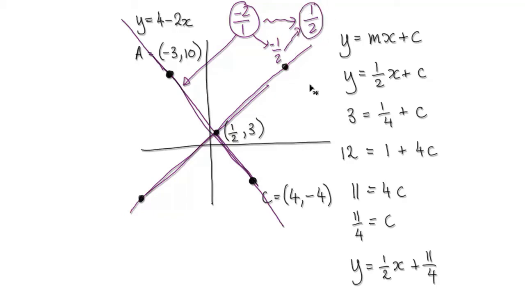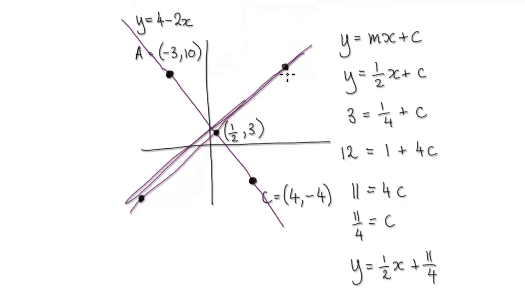So the point is that the gradient of this line is actually positive a half. Okay, so it's basically when you take the negative reciprocal of this, it will give you positive a half. So the gradient of this line would be positive a half.